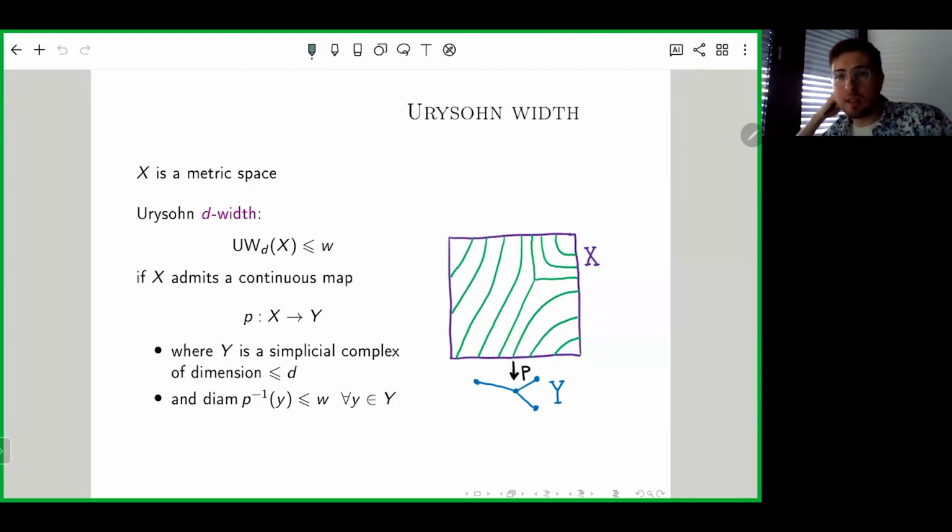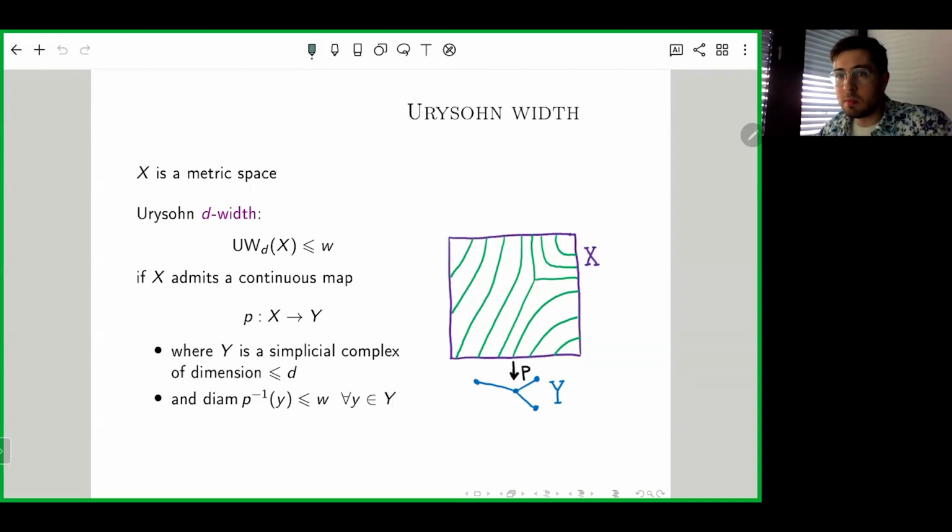Essentially, what's happening is that my space X is represented as a union of a one-dimensional family of certain fibers, and I measure the diameters of those fibers.